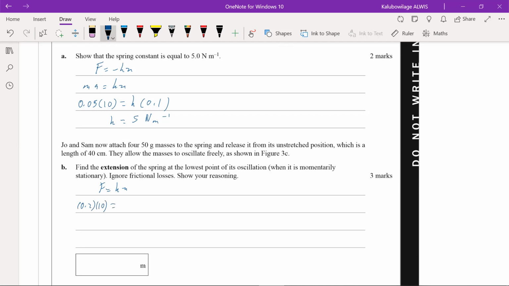K we found is 5, finding x. So the extension is 0.4 meters. This is the midpoint. For the lowest point, since it's symmetrical, you add another 0.4 meters.